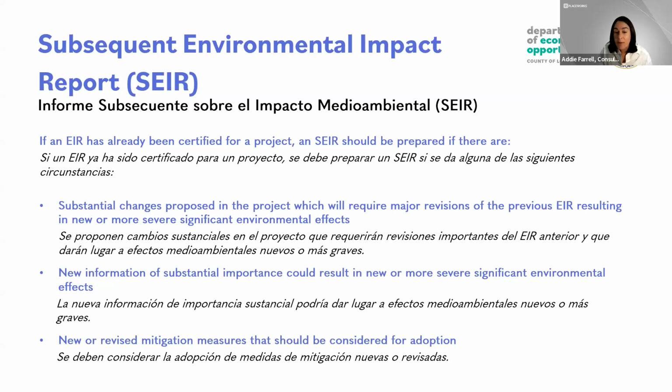Other new emerging topics have come into play, like wildfire, tribal cultural resources, and energy.